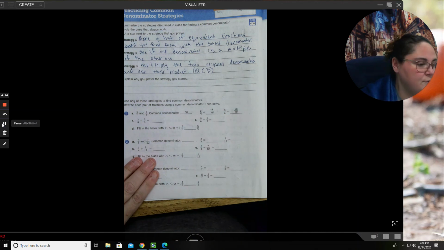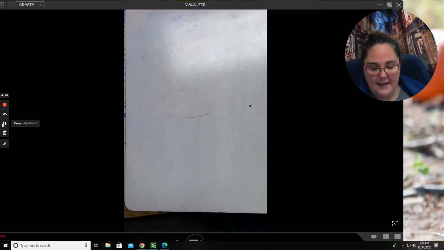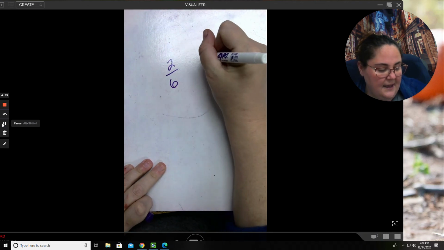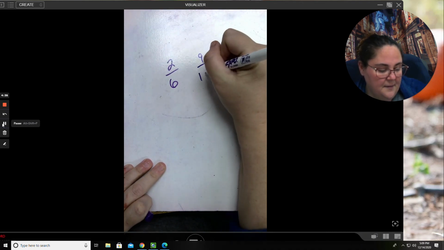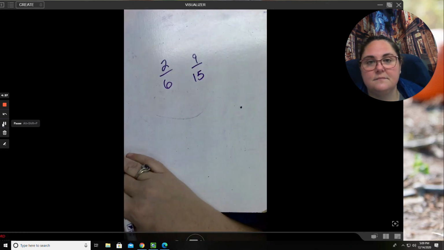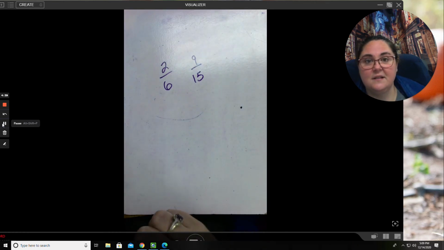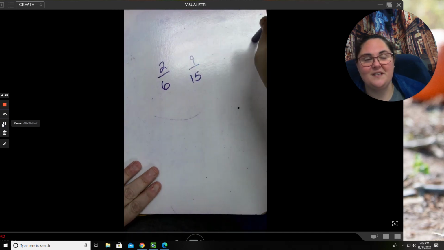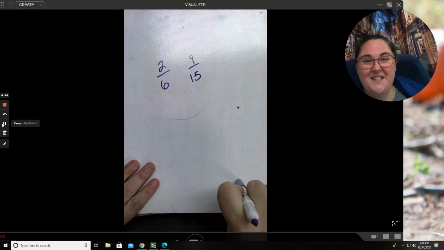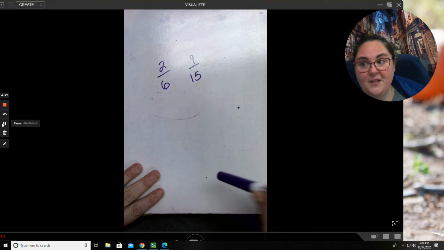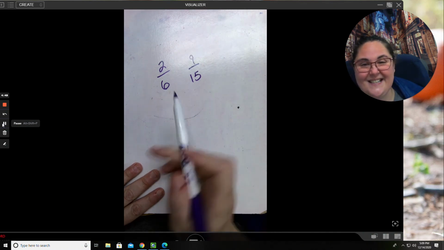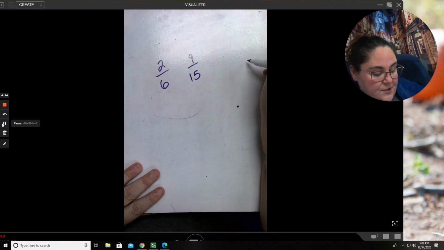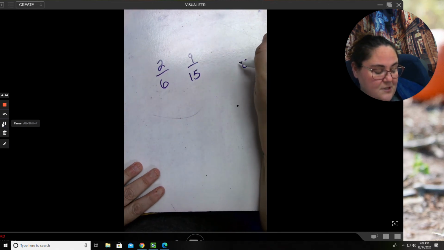This can be used when you have problems like 2/6 and 9/15. Instead of sitting there and listing out all of the different factors for 6, or multiples of 6, and all of the multiples of 15, one option that you can do is you can actually multiply 6 times 15. 6 times 15, okay, 6 times 5 is 30, carry my 3, 6 times 1 is 6, plus 3 is 9.